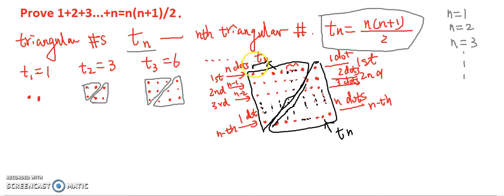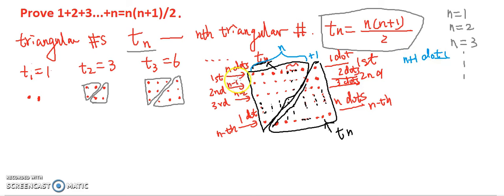From here to here, we have exactly the top row of the first triangular number, n dots, and we added another dot right here, so plus 1. We get n plus 1 dots in the first row, combining both triangles.